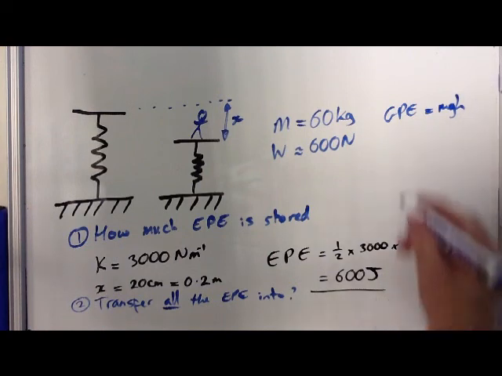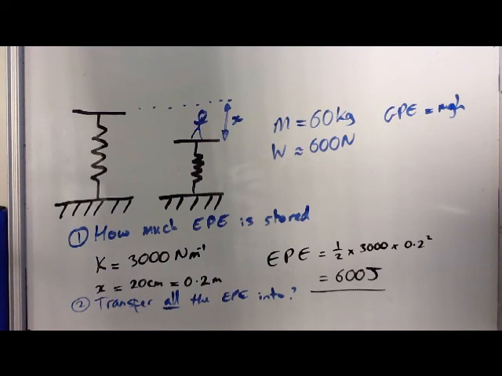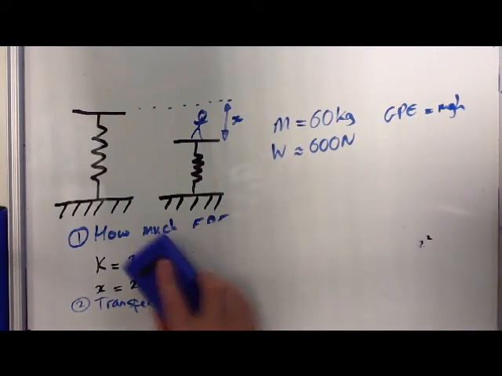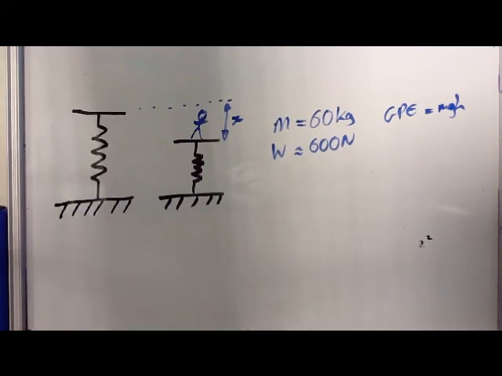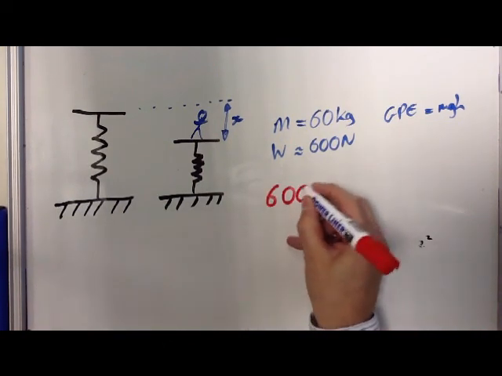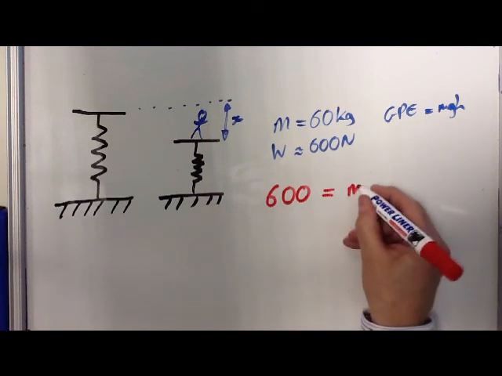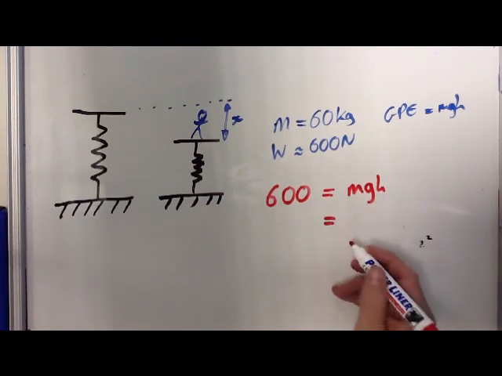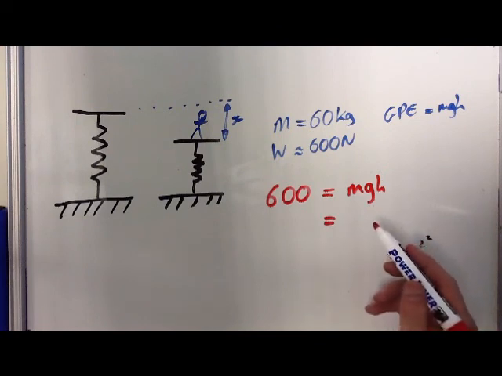If GPE is going to be equal to 600 joules, then 600 joules equals mgh, where mass is 60 kilograms and g is 10.